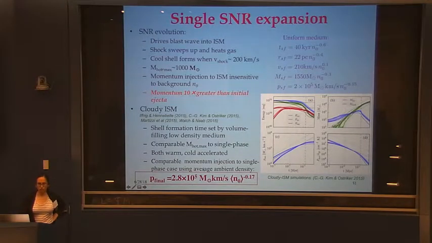And maybe that shouldn't be surprising, because in the uniform density case, notice there's a very weak dependence on density. So as density varies, we might not have expected the final momentum injection to vary that much, and indeed that's the case. But you do notice that both the cold clouds as well as the warm intercloud medium all get accelerated in the expansion.